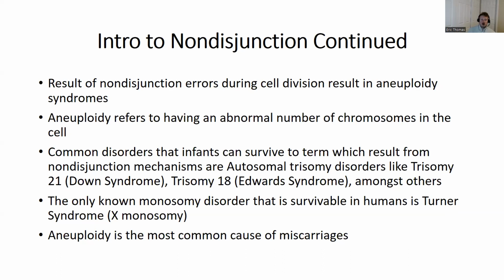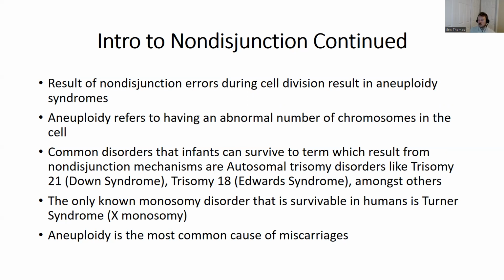Some of the common disorders that human infants can survive to term with that result from these nondisjunction mechanisms are things like trisomy 21, better known as Down syndrome, trisomy 18, and several others. There's only one known monosomy disorder that's survivable in humans, and that's Turner syndrome, i.e. X monosomy.